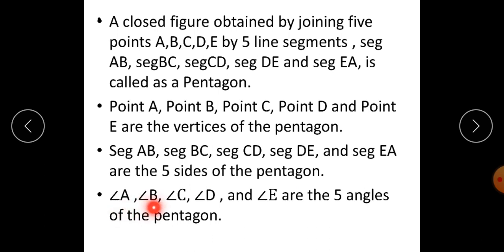Angle A, angle B, angle C, angle D, and angle E are the five angles of the pentagon. Therefore, a pentagon is a closed figure obtained by joining 5 points with the help of 5 line segments. Each and every pentagon has 5 vertices, 5 sides, and 5 angles.